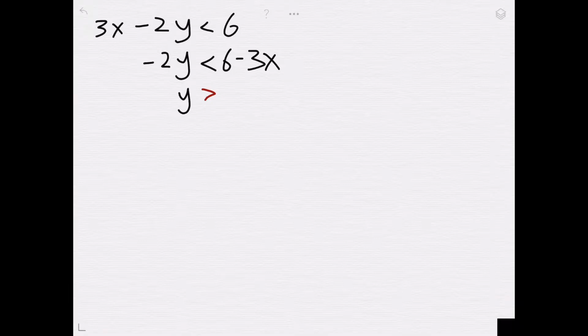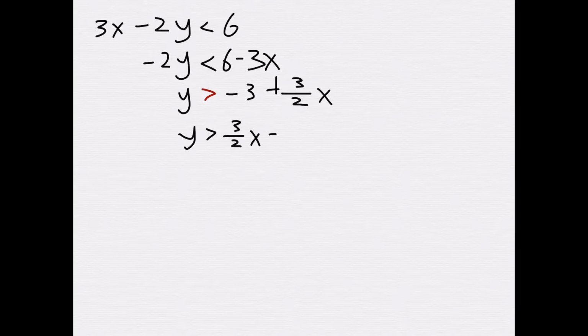And we get -3 plus 3 over 2x, or we can write it as y bigger than 3 over 2x minus 3.